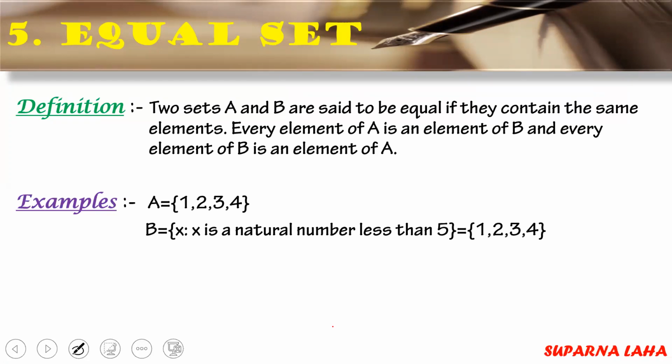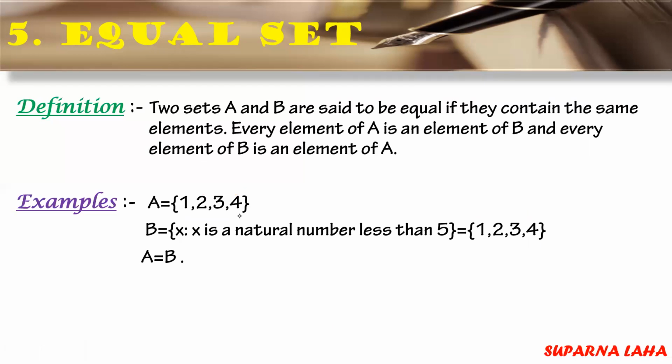Look, all the elements 1, 2, 3, 4 of A are elements of B, and all the elements of B are elements of A. So in that case, we will call A equal to B, these two sets are equal. I'm repeating again, if their corresponding elements are equal, at that time we will call them equal sets.